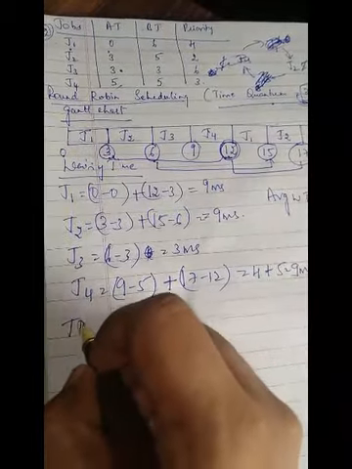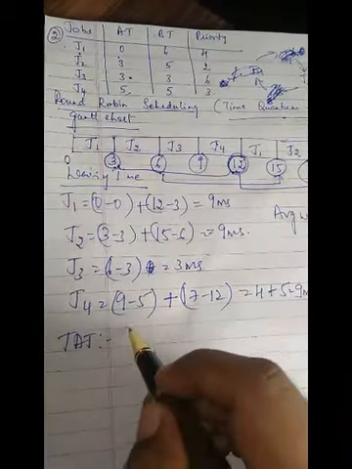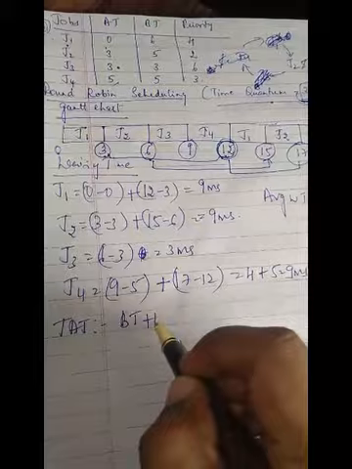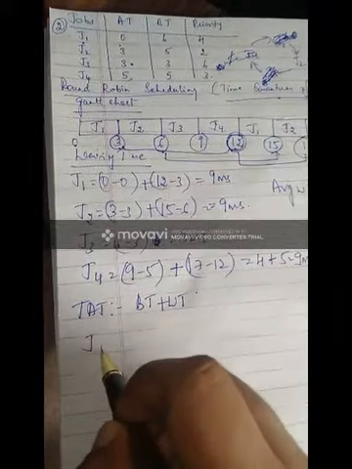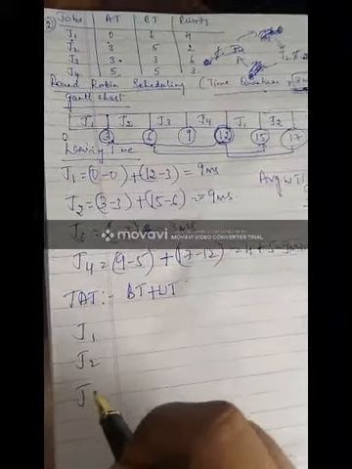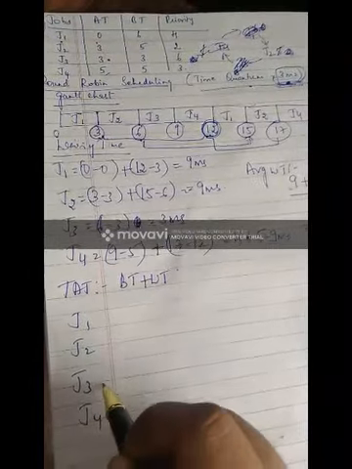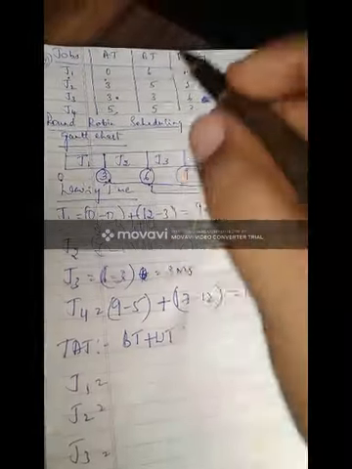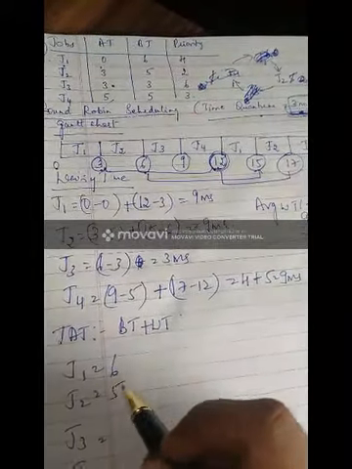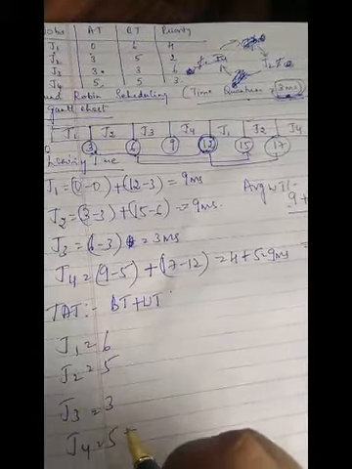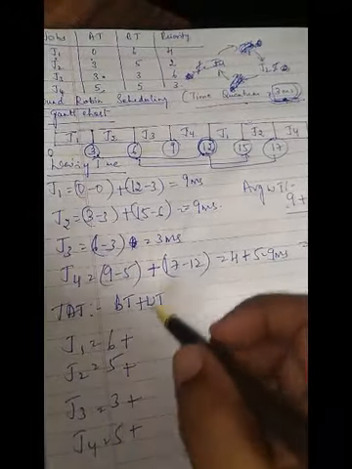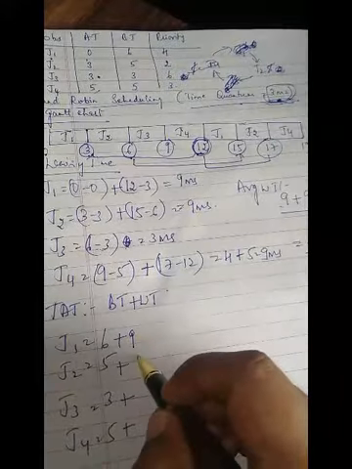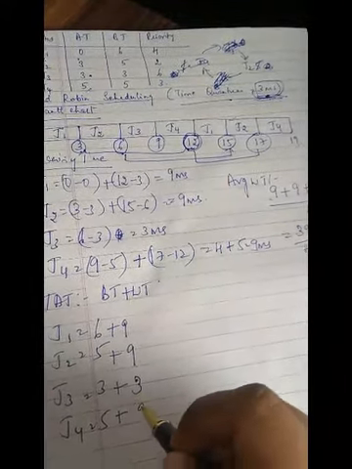Now we have to calculate the turnaround time. So how are we calculating turnaround time? Burst time plus waiting time. So J1, J2, J3, J4. Write the burst time which is given in the question. So you have 6, 5, 3, 5 plus the waiting time you are going to get here. So 9, 9, 3, 9.